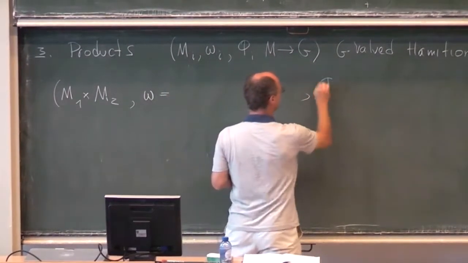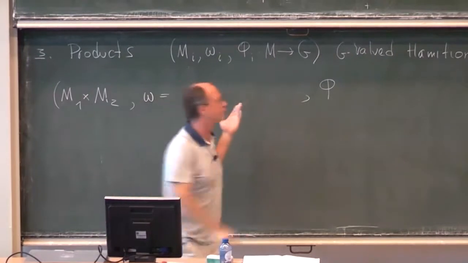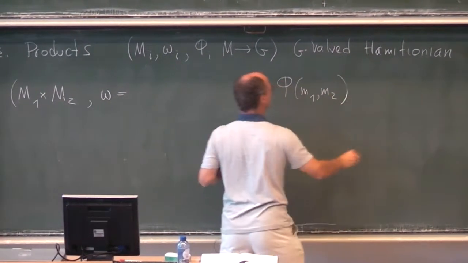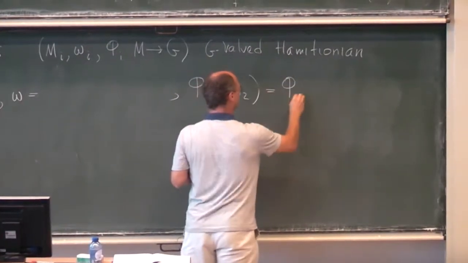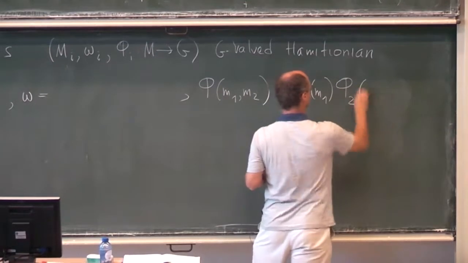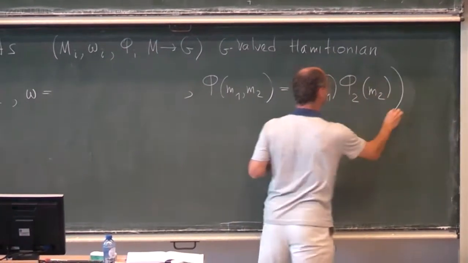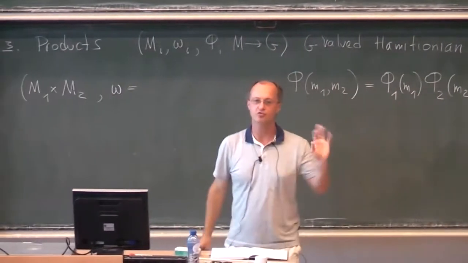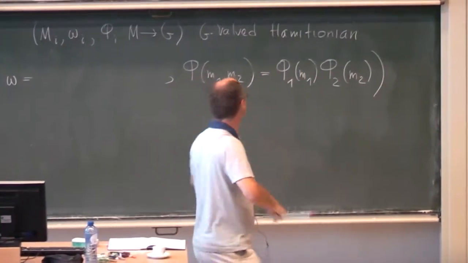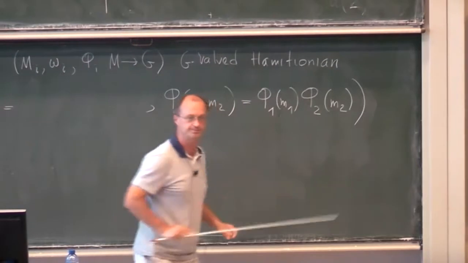And for the moment map, we probably know what we want. If we take a pair of points (m1, m2), then we want phi 1 of m1 times phi 2 of m2. You see, interestingly, before we had a sum of those moment maps. Now we replace it with a group multiplication.